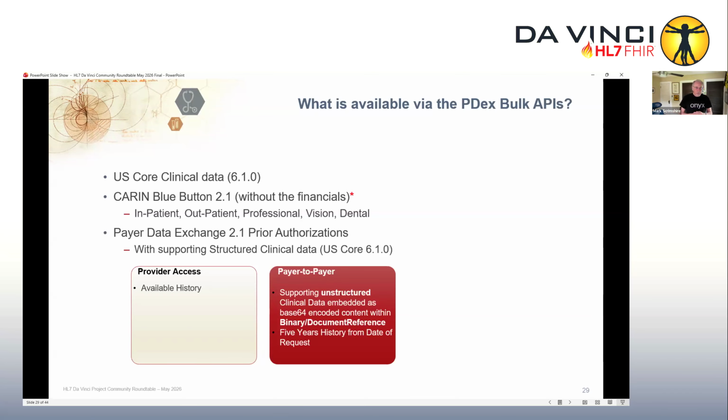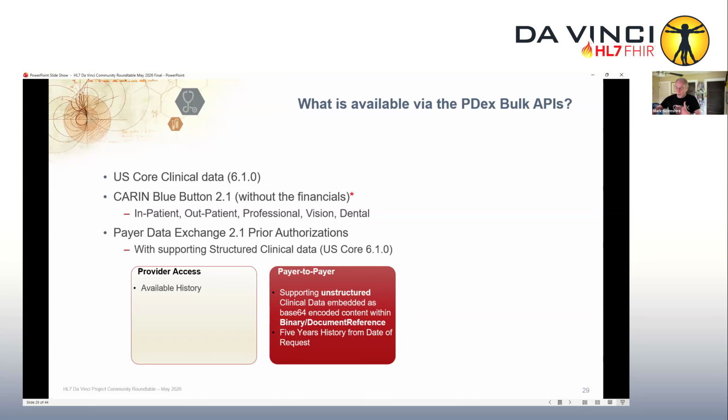And then what we did is also, since the PAS prior auth support IG utilizes the claim and claim response, that is actually the basis for the design of the original explanation of benefit profile in FHIR. And so there's a very close correlation with the fields between the EOB and a claim.